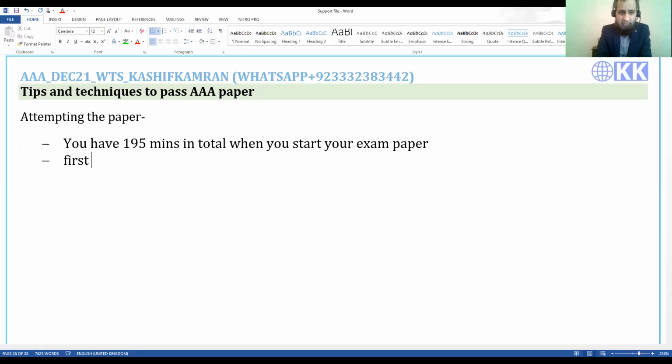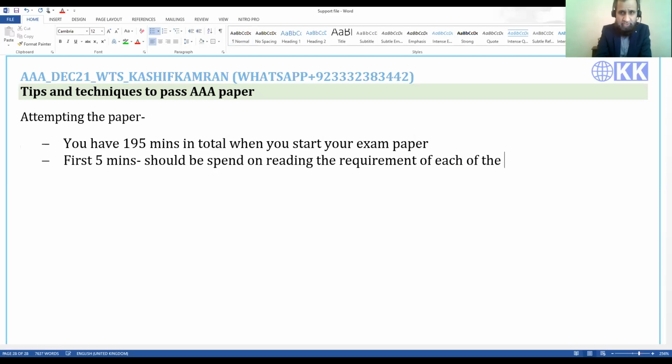The first 5 minutes should be spent on reading the requirements of each of the 3 questions. Do it at home when you're practicing at home. So any question you do on the platform, keep a timer with you, keep a watch with you. The first 5 minutes should be spent reading the requirements of each of the 3 questions to decide which one to start with first.